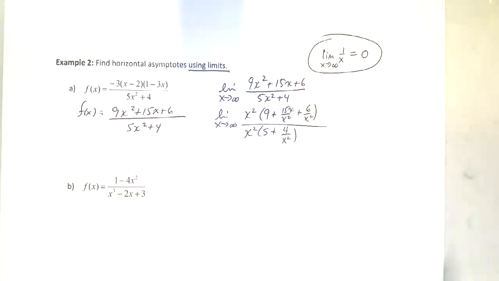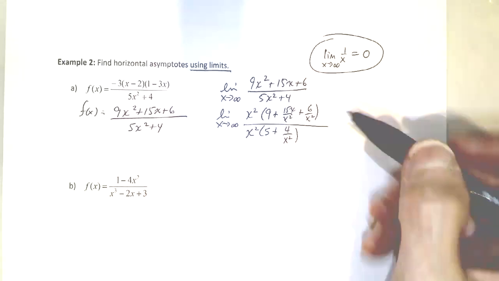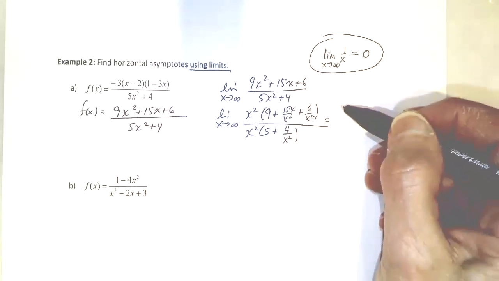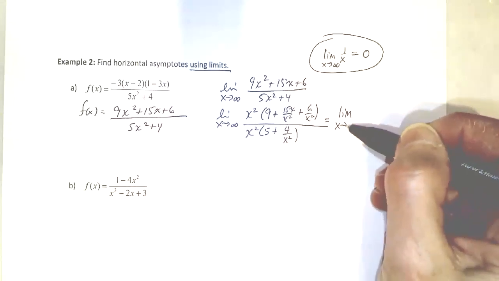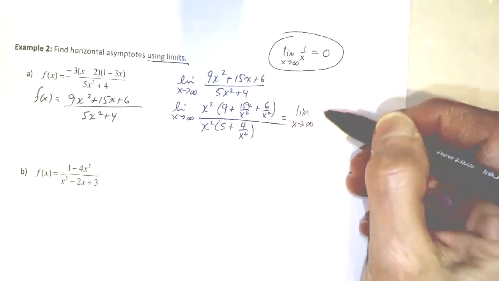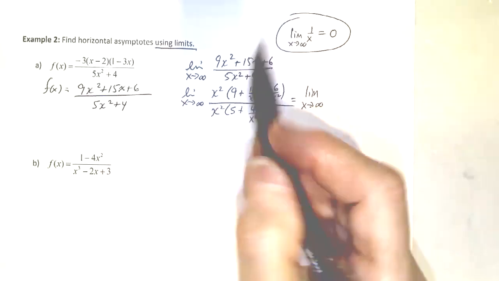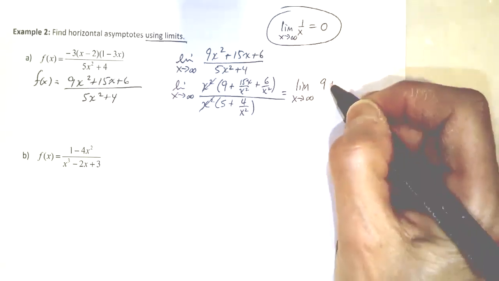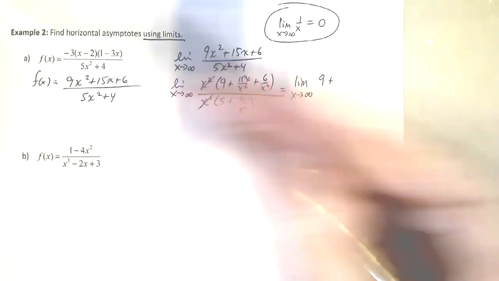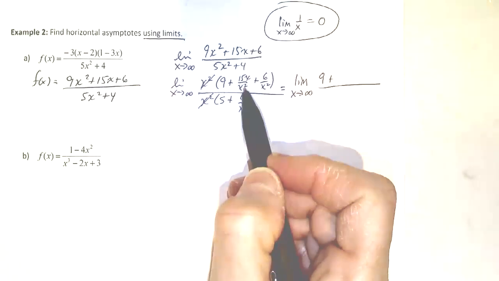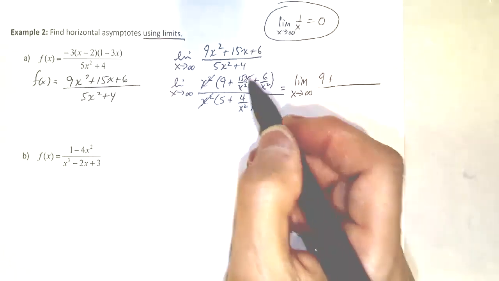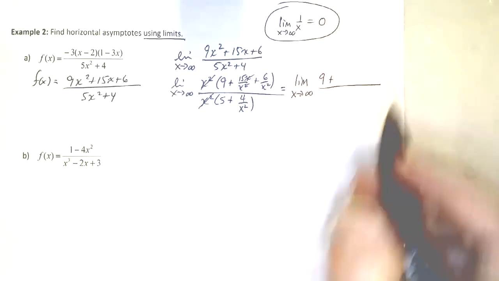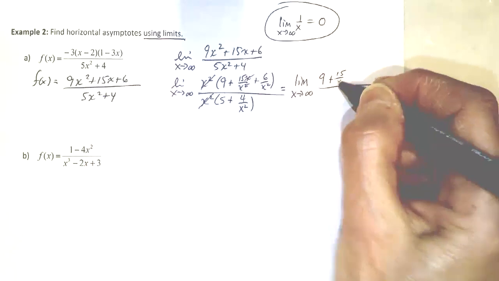Now, what I want to do before I proceed is simplify some of these terms. And so I get the limit as x goes to infinity. The x squared over x squared actually reduces, so we don't have to write that. We're left with 9 plus, this term reduces because we have x over x squared, and so it reduces to 15 over x.